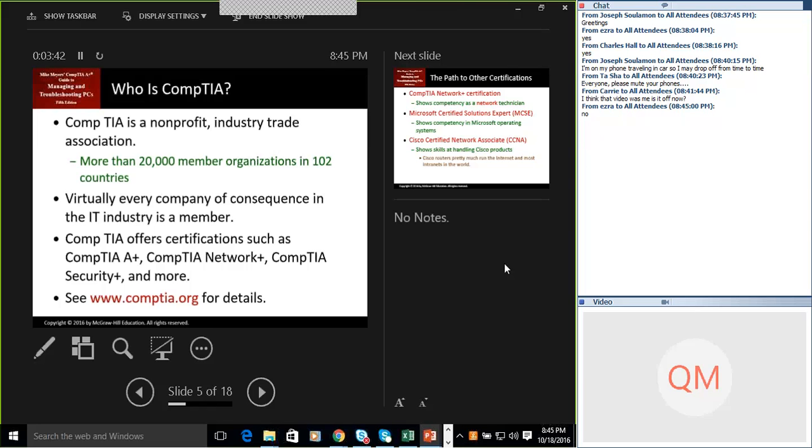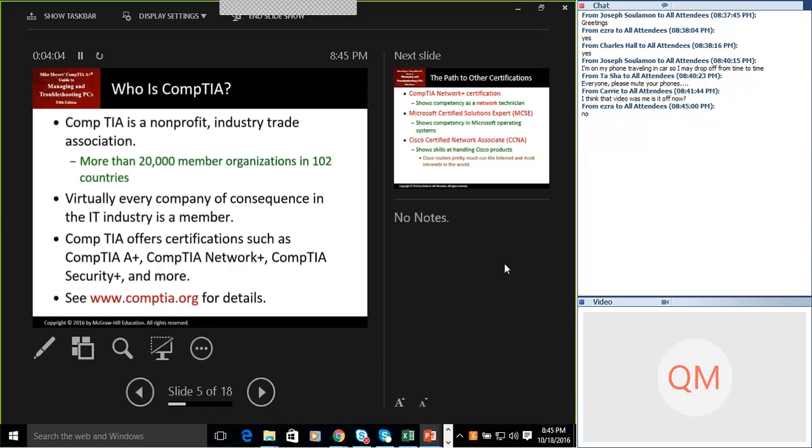They have a bunch of other certifications, but we call this the big 3 or the main 3 or the Holy Trinity, some people refer to it as, because A plus is the basics of hardware and software, learning how to build and repair and troubleshoot the computer.